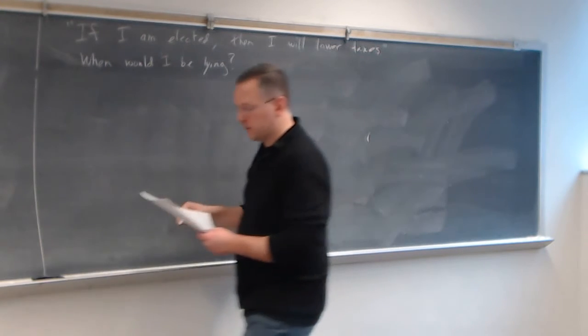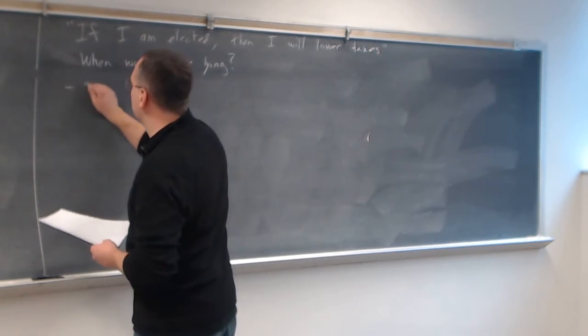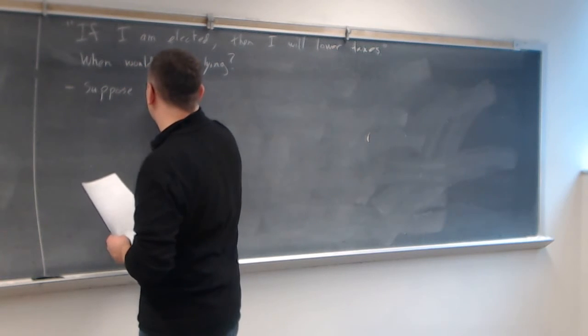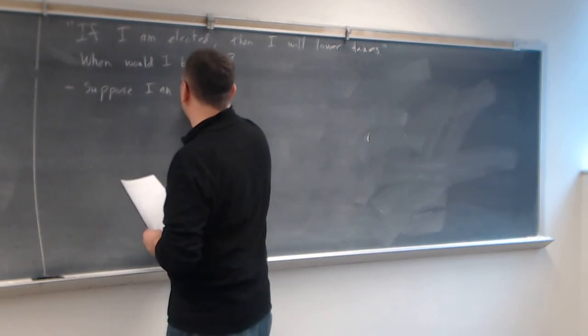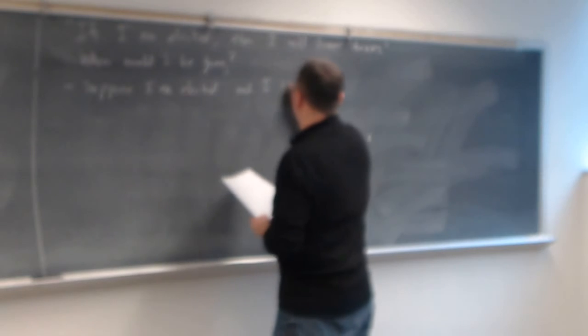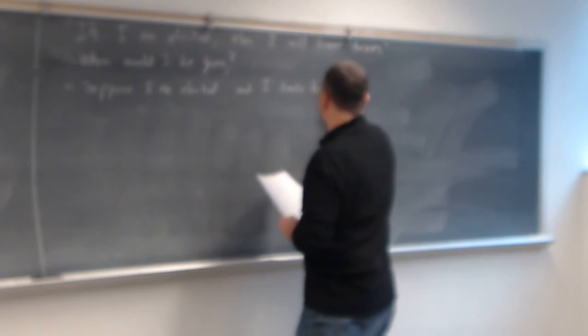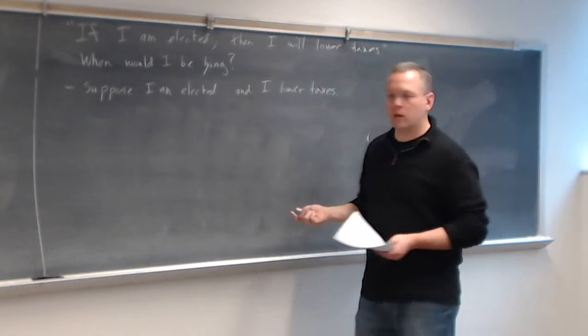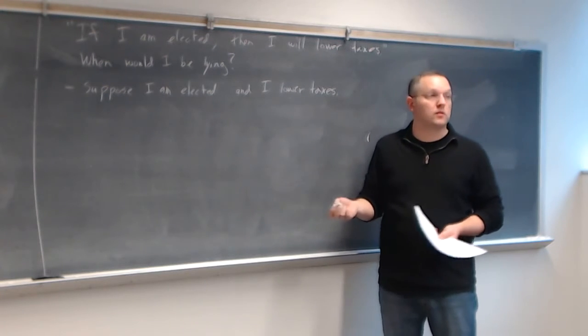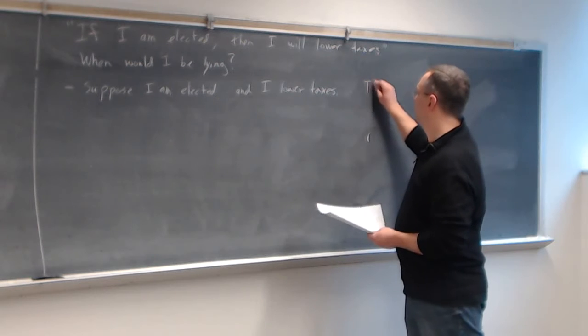Think about this. First case, suppose I'm elected, and I lower taxes. Would you consider me to be lying? No, I've kept my promise, right? So I'm telling the truth.